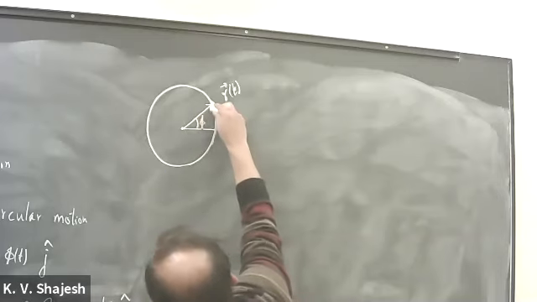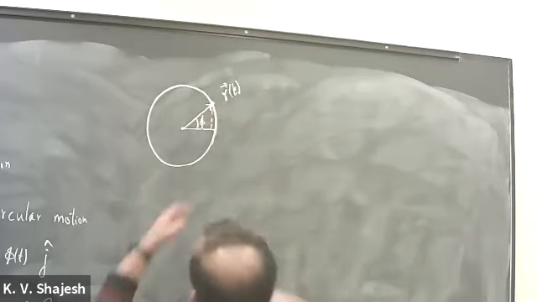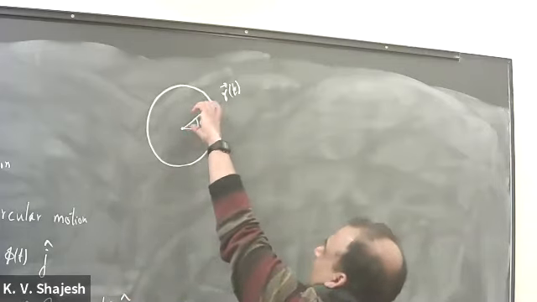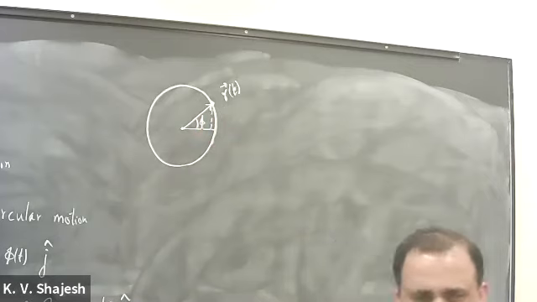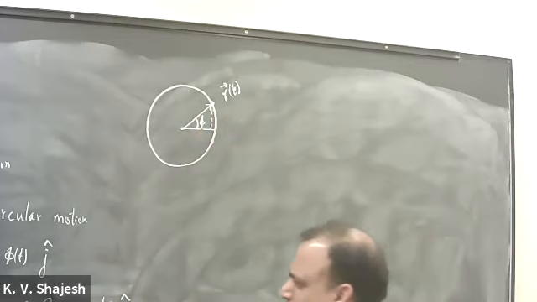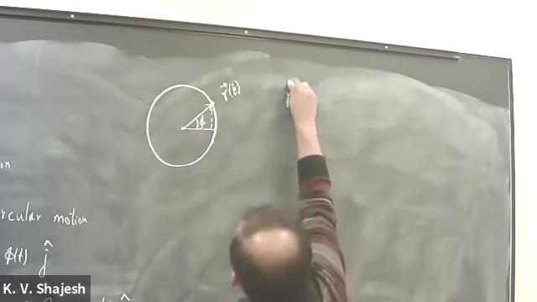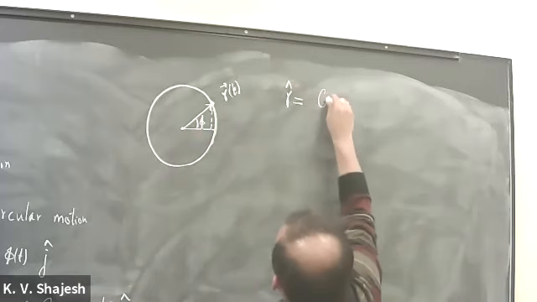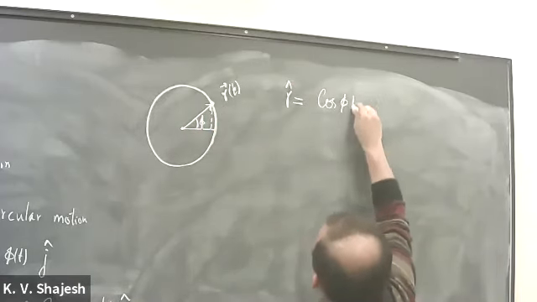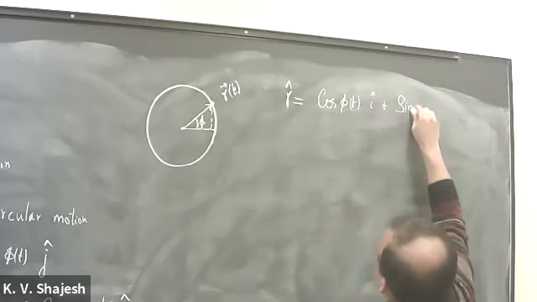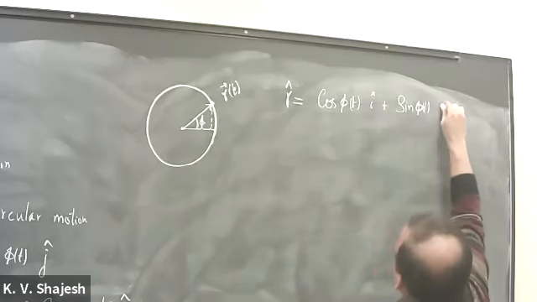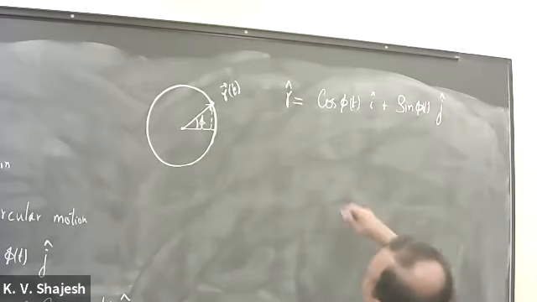It's clear that this right triangle will give you cosine of phi. If this is unit length, this is your cosine phi, that's your sine phi, correct? That's clear. But now your r hat is cosine phi as a function of time in the i direction plus sine of phi in the j direction, correct?